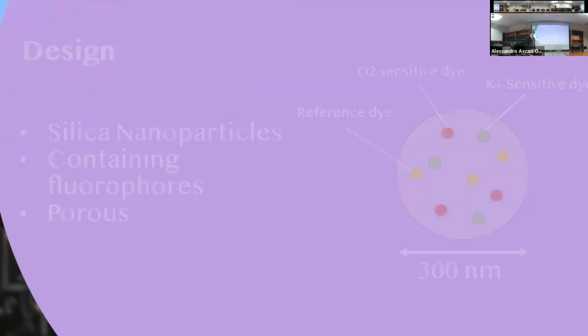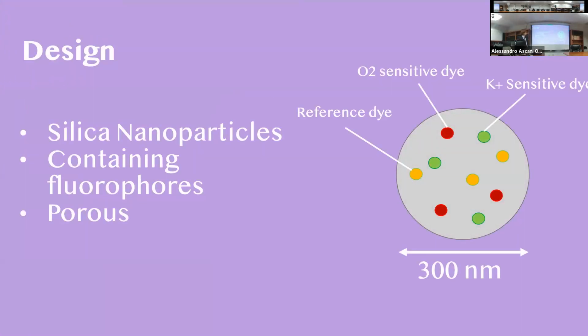Our solution was then to develop silica nanoparticles. Silica nanoparticles that contain fluorophores inside that are analyte sensitive and that can be used as reference dye as well, as shown in the diagram. We chose to make them porous so that the ions can still enter, but the fluorophores do not leach out.